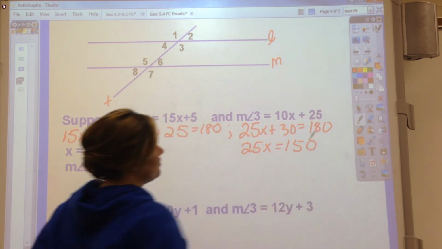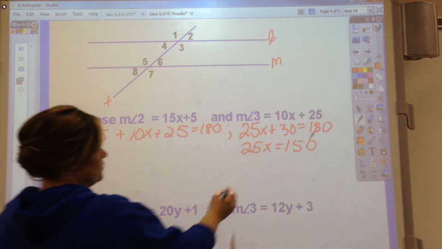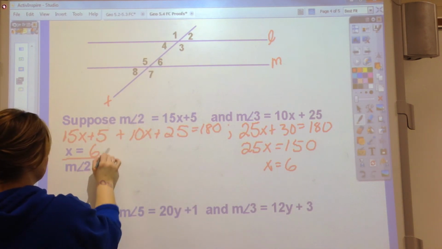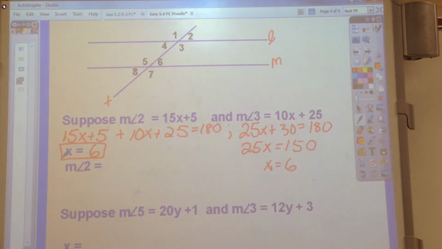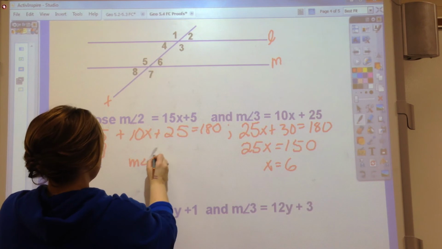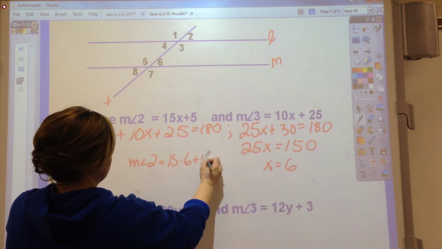And how many times will 25 go into 150? Hopefully you'll agree with me, it's 6 times. And so I know x equals 6, solve for that first portion. And for the measure of angle 2, now I simply plug in 6 into this value, and I have the measure of angle 2 is going to equal 15 times 6 plus 5.